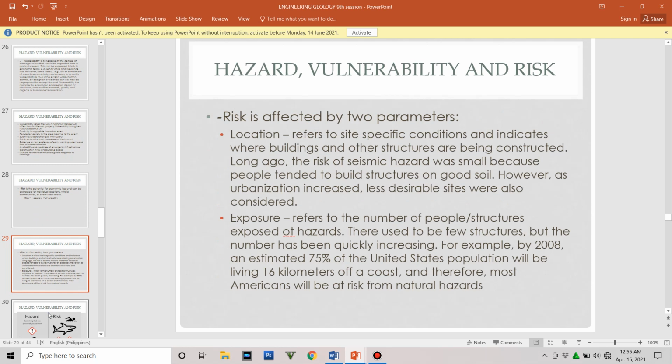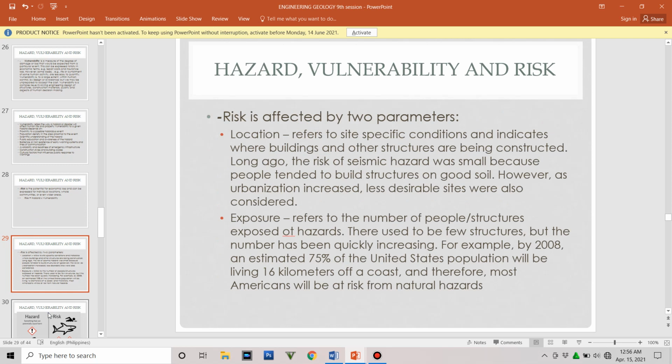So, long ago, the risk of seismic hazards was small because people tended to build structures on good soil. However, yun nga, nagsisiksikan na sa urban areas, kahit saan na pwedeng gumawa ng bahay, no? So, nagiging risk na yun. And then we also have exposure. Refers to the number of people exposed to hazards. There used to be few structures, but the number has been quickly increasing.